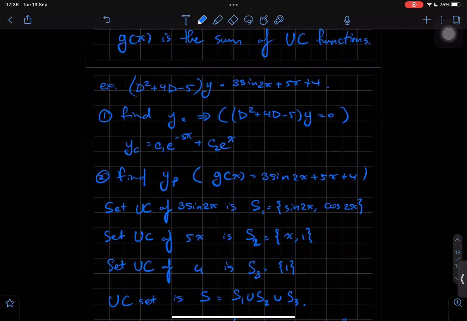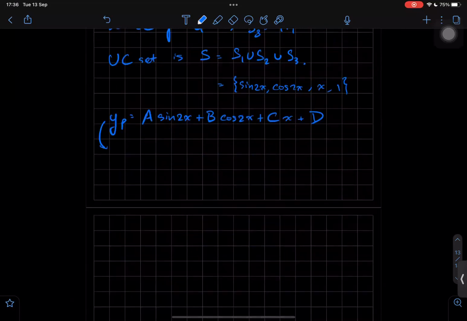So you differentiate. Dyp will equal 2a cos 2x plus 2b minus sine 2x plus c.